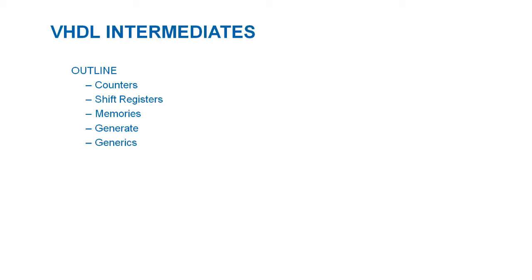It might be good to start incorporating generics and generate constructs in order to minimize the number of logic blocks and resources that your design will be using. It might be very good to start using memories and ROMs so that you don't need too many flip-flops. And of course, everything boils down to registers, and registers that are updated as a function of time or reference of clock, we call that counters. So this brings us to the end of intermediates.